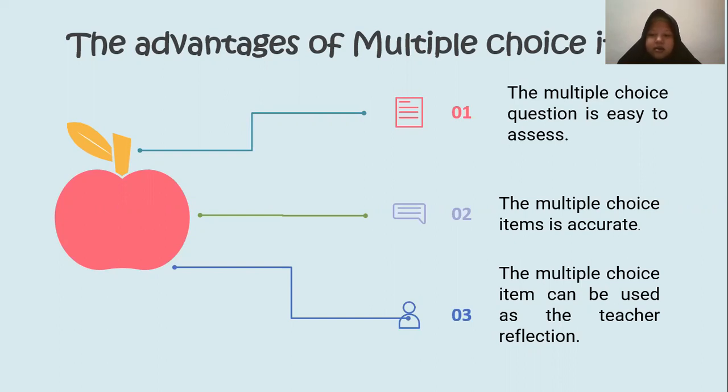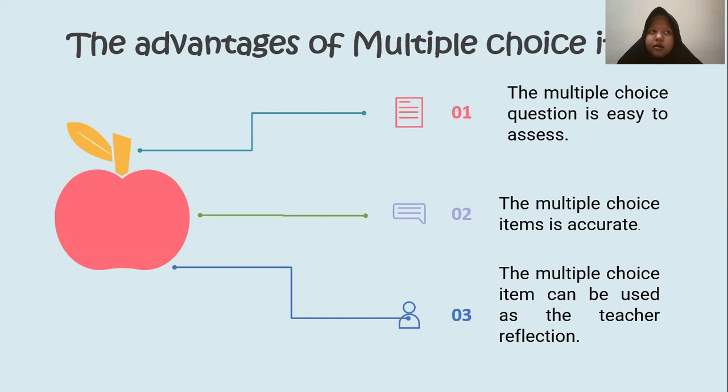And then the last advantage is the multiple choice item can be used as teacher reflection. After the students complete answering the multiple choice questions, the teacher can check the validity and the reliability of the multiple choice questions.